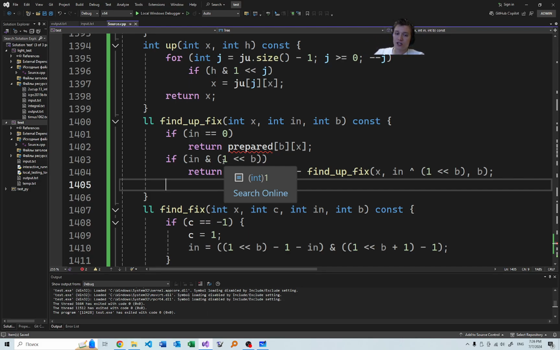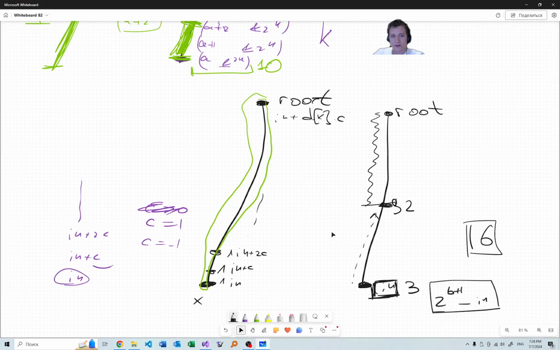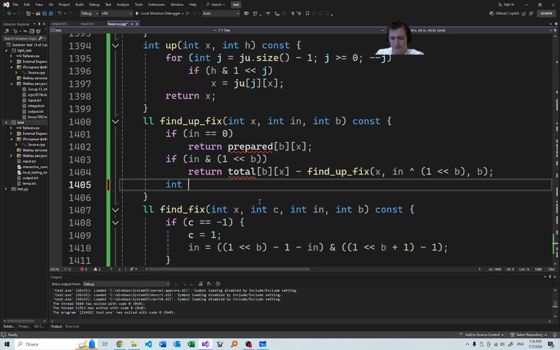Okay, now we want to jump up. So assume that we have a 0, for example, like here 3. Then we want to jump up until we hit 16. So we take 2 to the power b minus initial. So go up equals this minus initial.